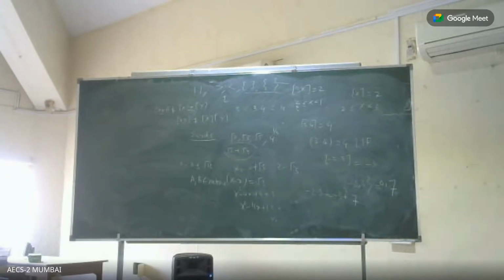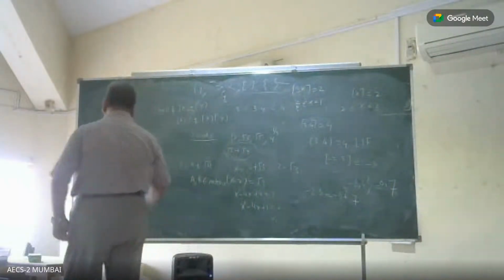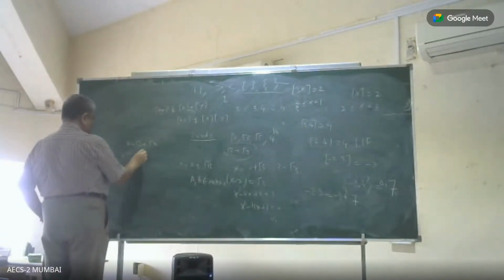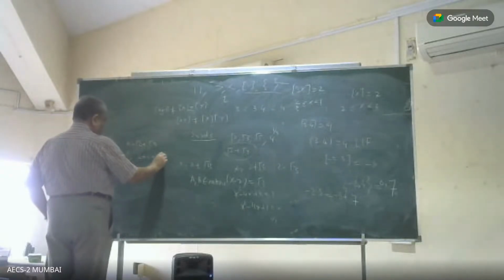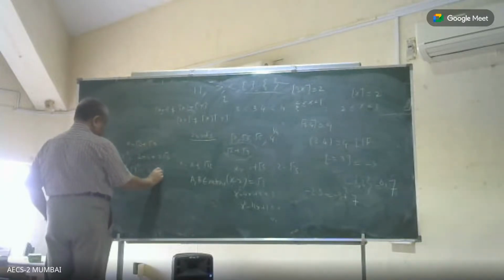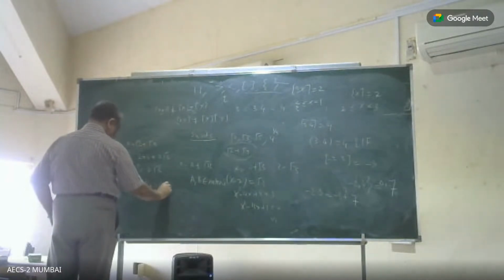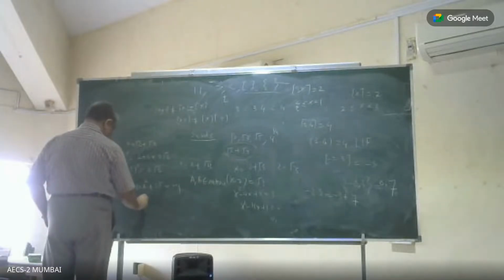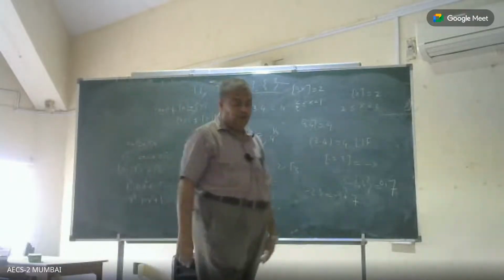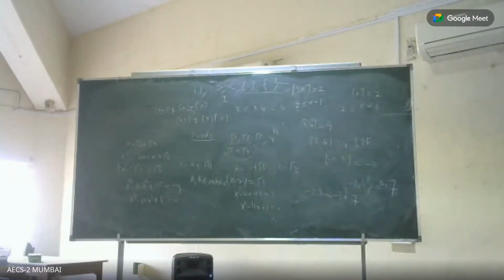So the method is the same. You can do this. x square is what? x square minus 5. This is the polynomial equation whose one root is root 2 plus root 3 and the coefficients are integers, and it is of higher degree.